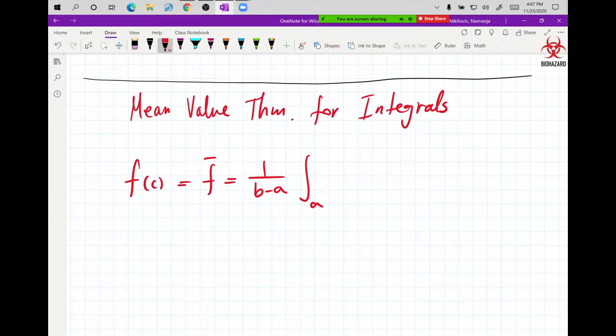Everything is the same, because it's a mean value theorem, right? Not mean as evil, but mean as the average. So if f is continuous on interval a to b, there exists a point c in [a, b]. It's the same deal with the other one.